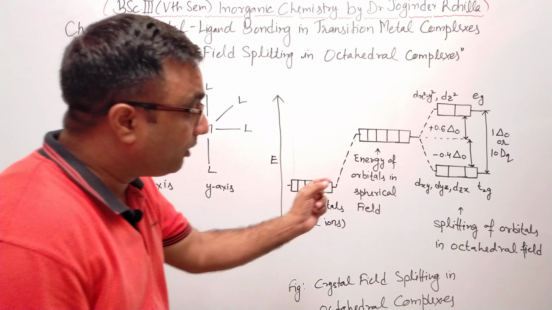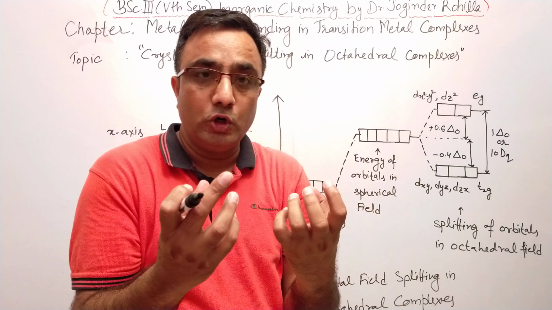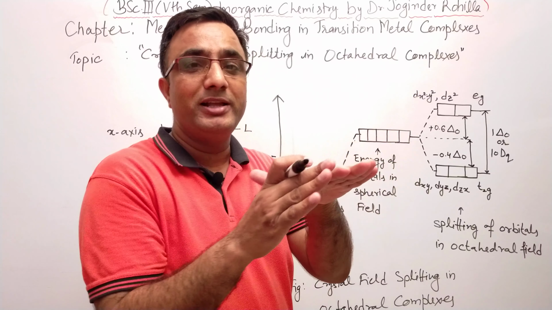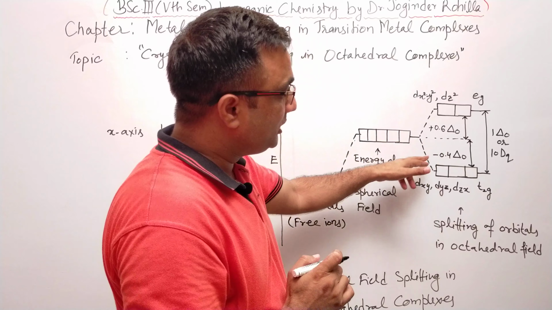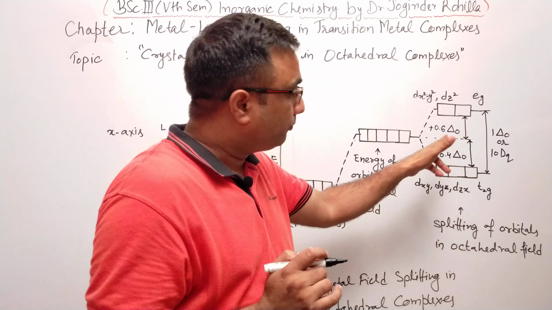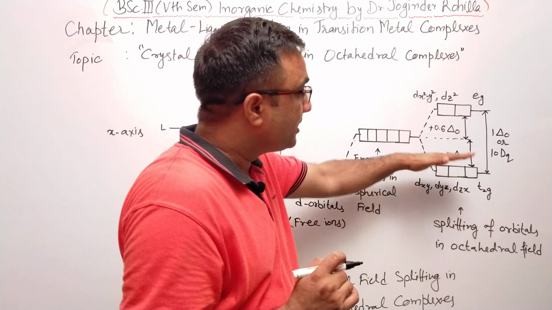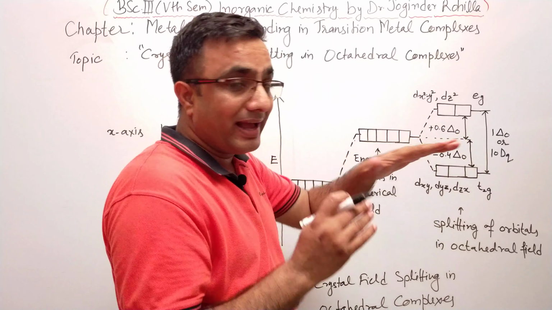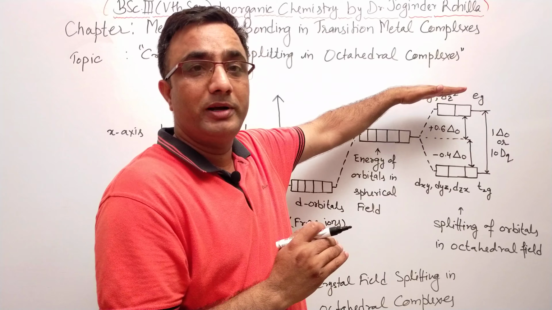If we consider the barycenter rule or center of gravity rule, so that the average energy of the system remains constant, then the decrease in energy for these three orbitals lying on the lower axis will be exactly equal to the increase in energy for these two orbitals.